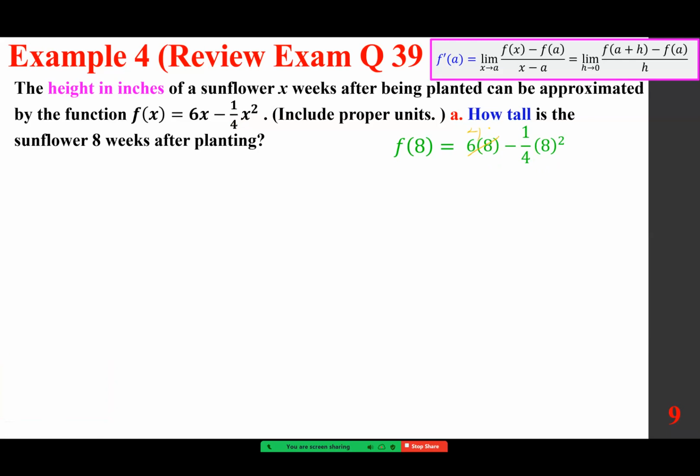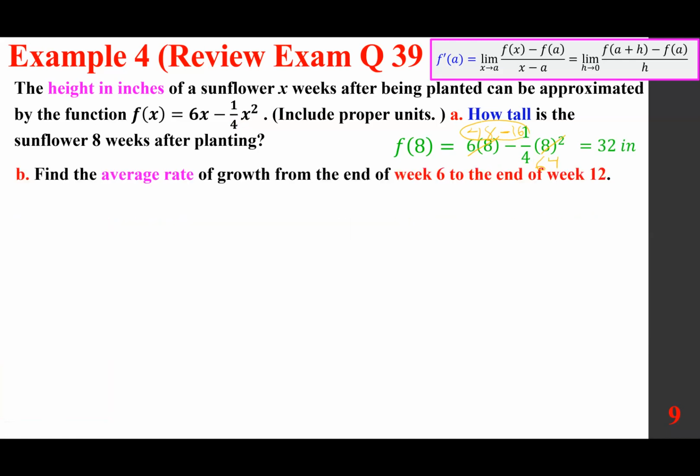This is 48 minus, this is 64, and 1/4 of that is 16. And that gives us 32, the units. Height in inches, 32 inches. That would be the height.